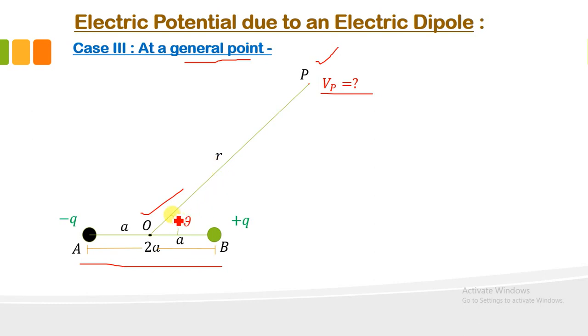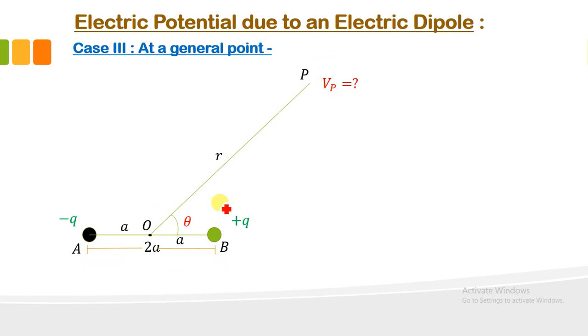What is special is that it makes an angle theta with the dipole axis. If this theta is 90 degrees, the point P becomes an equatorial point. If this theta is 0, the point P becomes an axial point. So this theta can be treated as a general point. This point P is a general point.